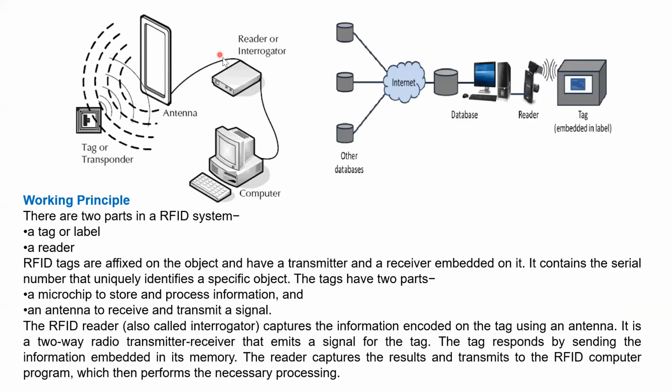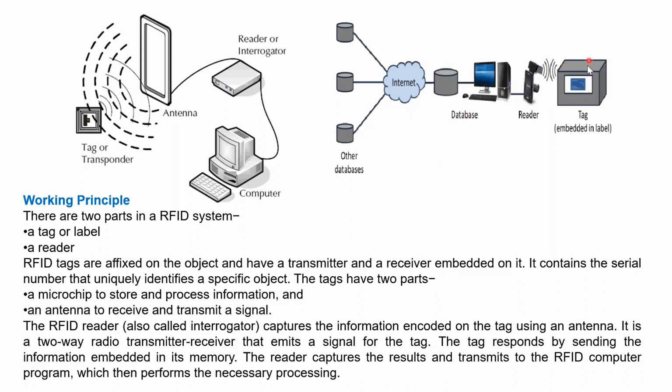An antenna is connected to it, obviously, and this interrogator is connected to a computer. That means basically there are three parts of a radio frequency identification system, and these three parts are tag, reader, and computer.